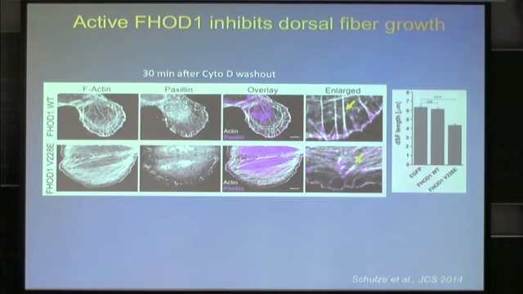On the other hand, those dorsal fibers, which are attached to focal adhesions, are negatively regulated by FHOD. FHOD inhibits the growth of those dorsal fibers. We measured the length of those fibers after overexpressing a dominant activated form again, and it was significantly reduced.